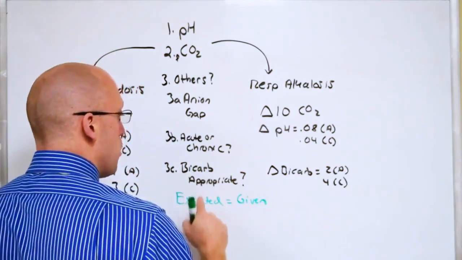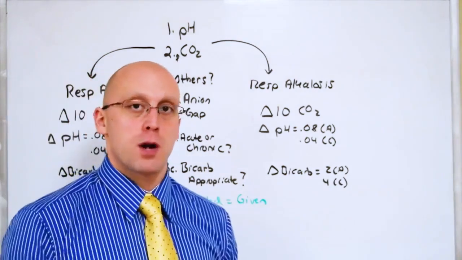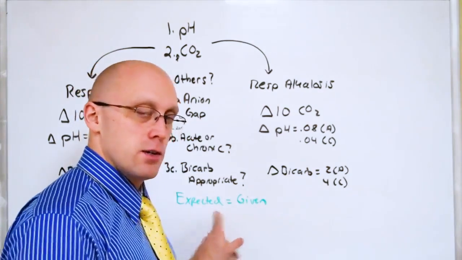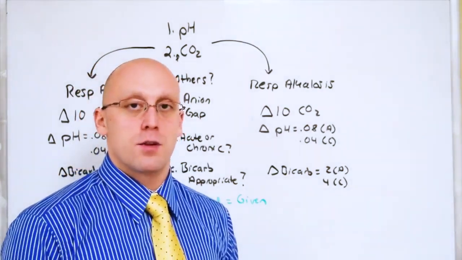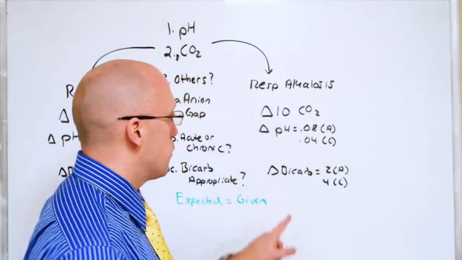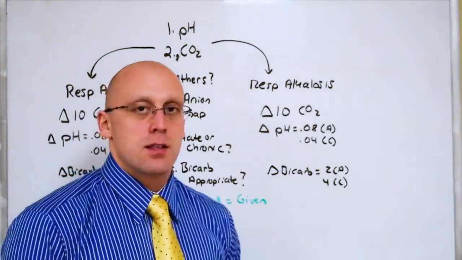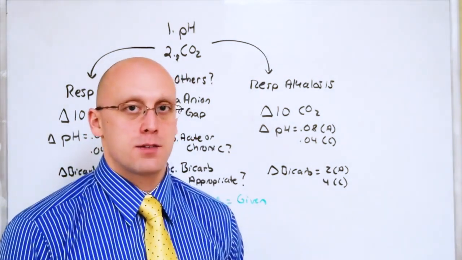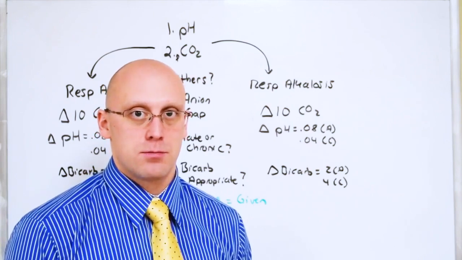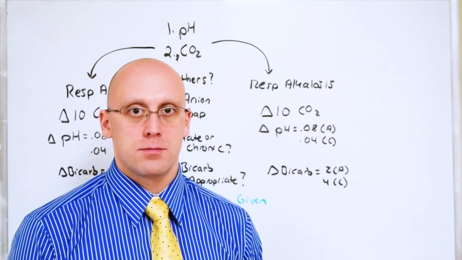If you have too much bicarb, that is the given bicarb is greater than expected, you have too much base, and therefore you have a coexisting metabolic alkalosis. If you have too few bicarbs, that is the given bicarb is less than expected, you have too little base, and you have an additional metabolic acidosis. That's respiratory. Let's tackle metabolic next.